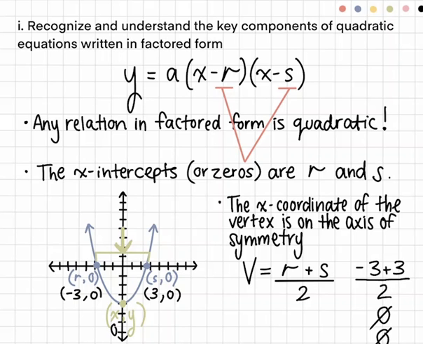So if you are able to look at this equation and say that is factored form, you're able to recognize that as opposed to standard form and as opposed to vertex form, right? We have our standard form, and we also have vertex form.